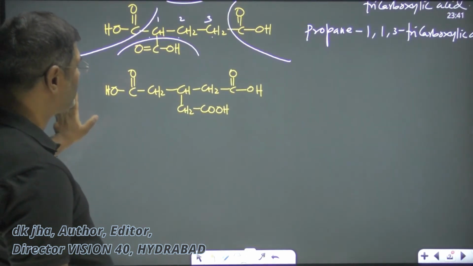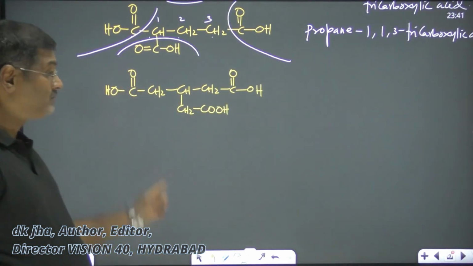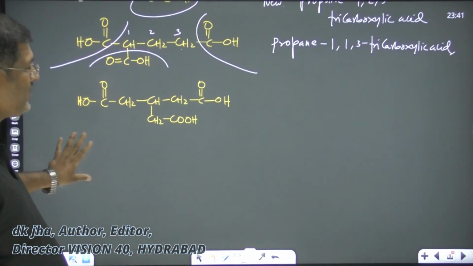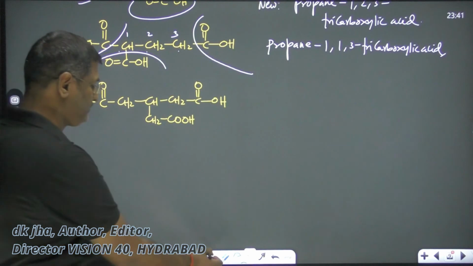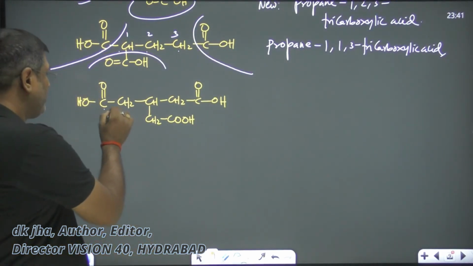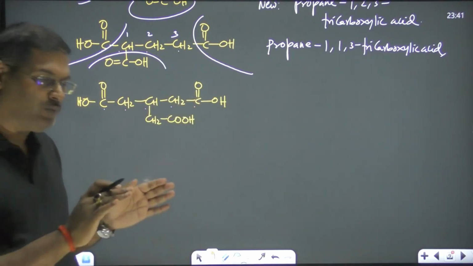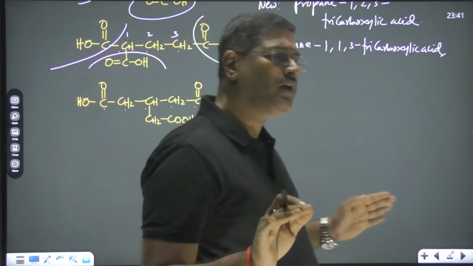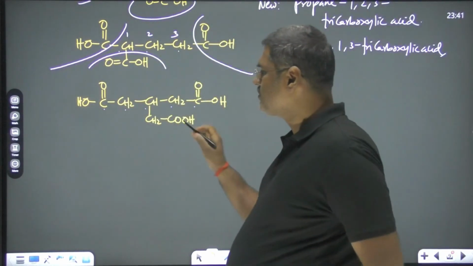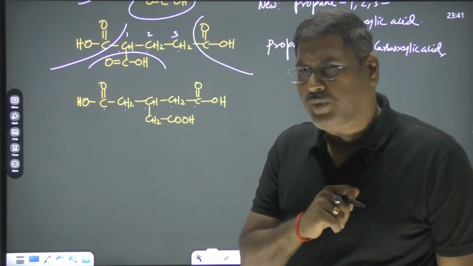What do you say about this example? Is it the same example? Read carefully. Is it the same example? Here, 1, 2, 3, 4, 5. We try to form one parent chain of the 5 carbon atoms, including here the 2 CH groups. Is there a third CH group connected to this so-called parent chain?